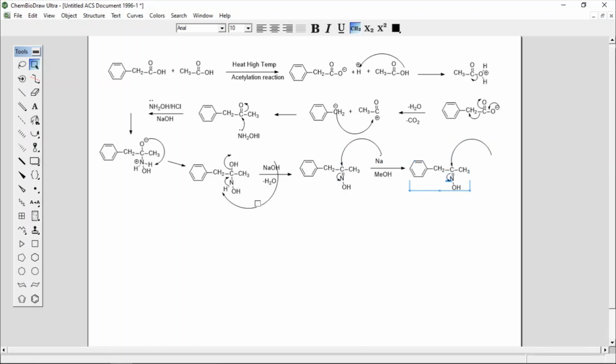So now one electron on this carbon and negative charge on this nitrogen, negative charge on nitrogen.